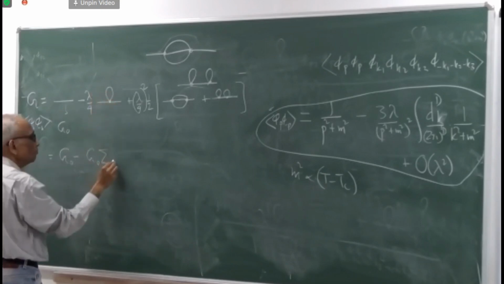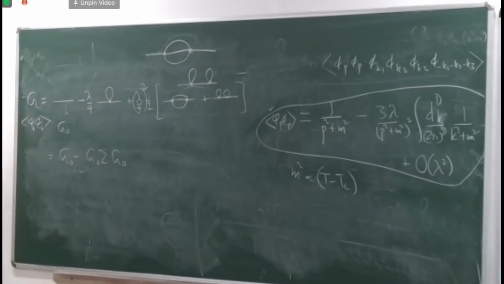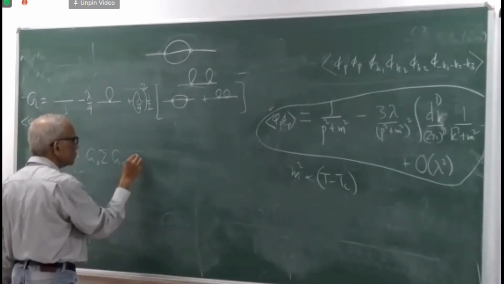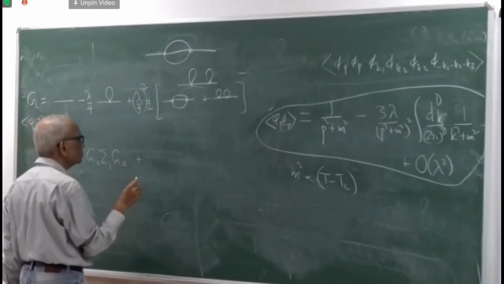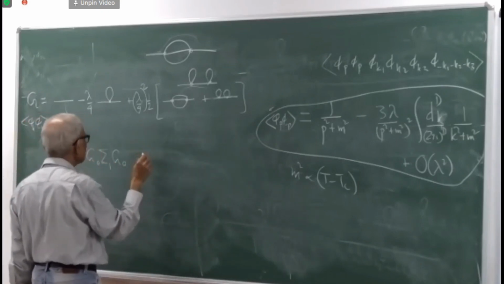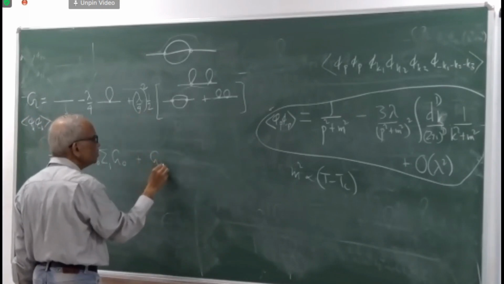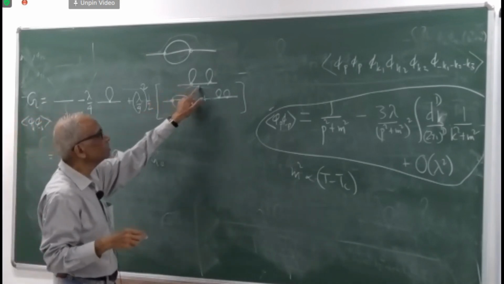So if I include the coupling constant lambda by 4 with this chap, it is G0, this loop over here is sigma, let's call it sigma 1, and then plus, this is going to be G0, G0, G0.